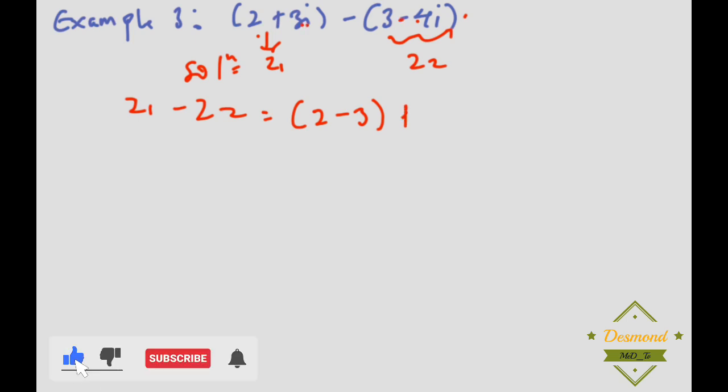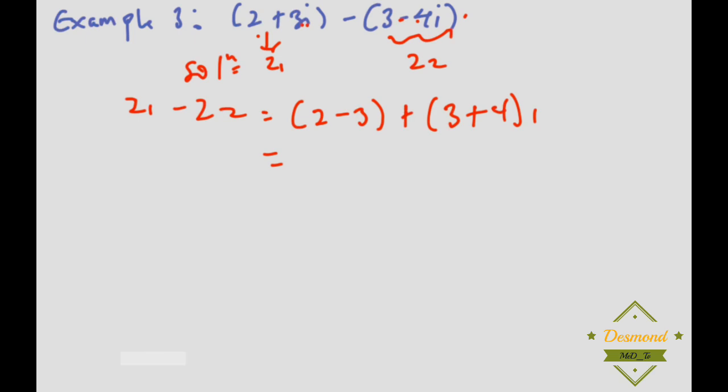So we have 3 plus 4i. Therefore, we should get minus 1 plus 7i. And this is our answer for example 3.